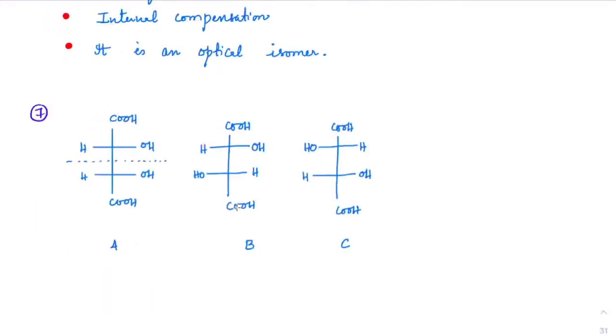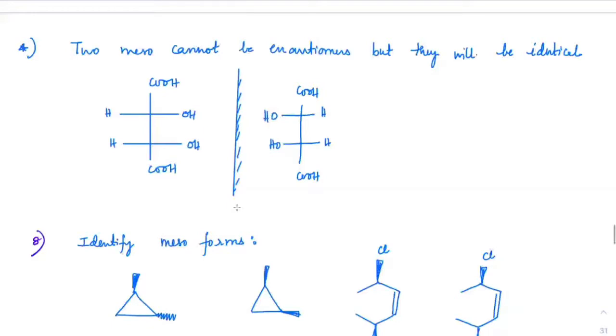Tell me about this A and B fast. We know this. We have done it before, so I'm just repeating. A and B diastereomers. P and C diastereomers. B and C enantiomers. P and C identical. We know that two meso cannot be enantiomers, but they will be identical. If you check these two, because of their internal compensation, here and here, both sides, up and down, groups are same.